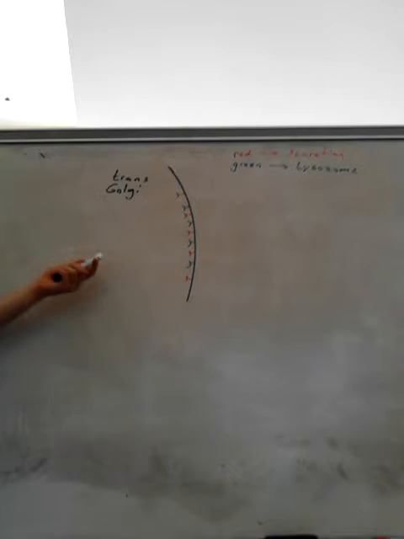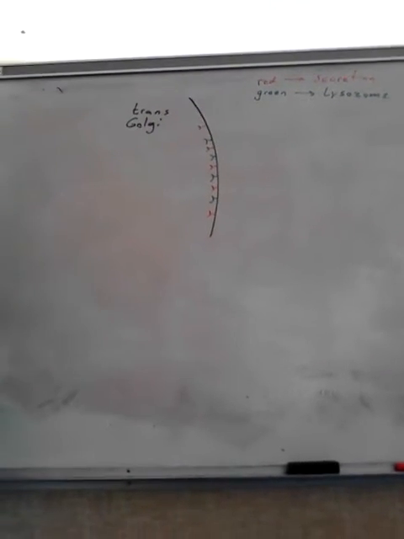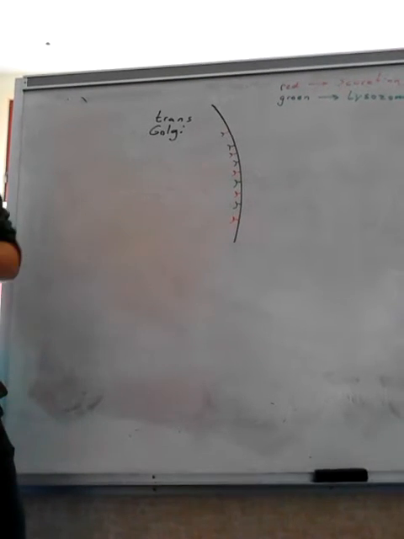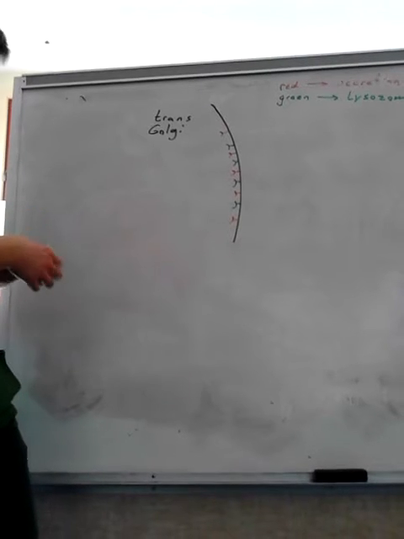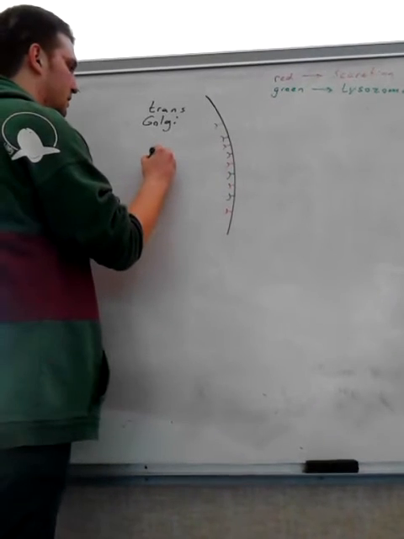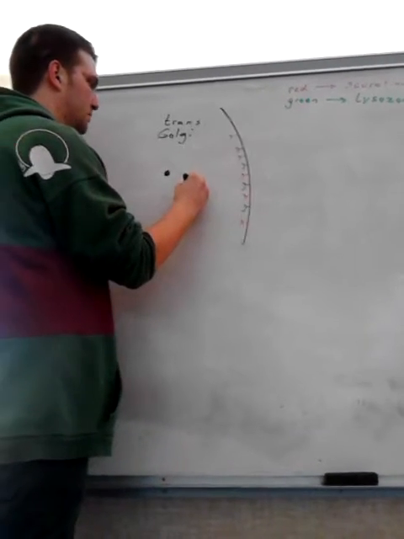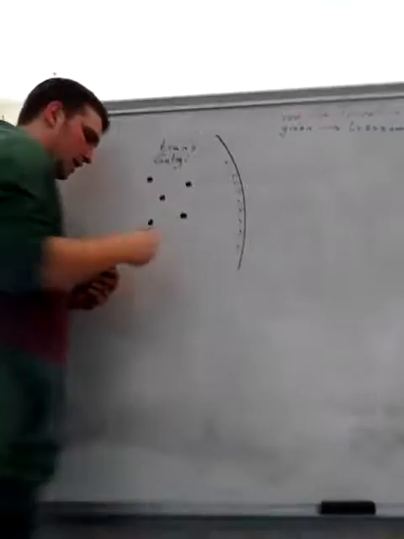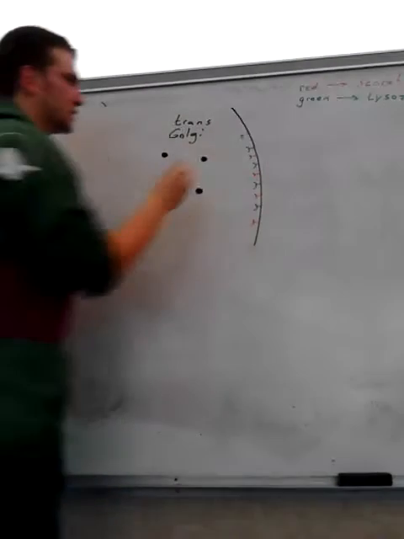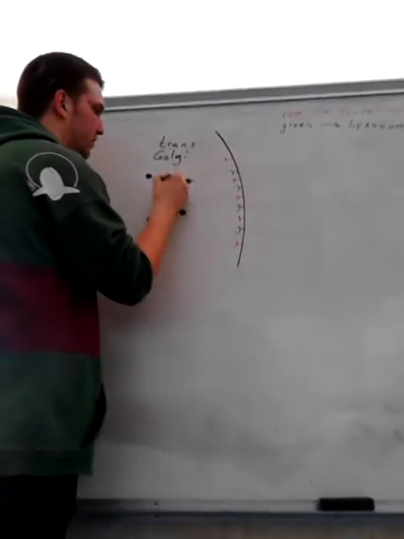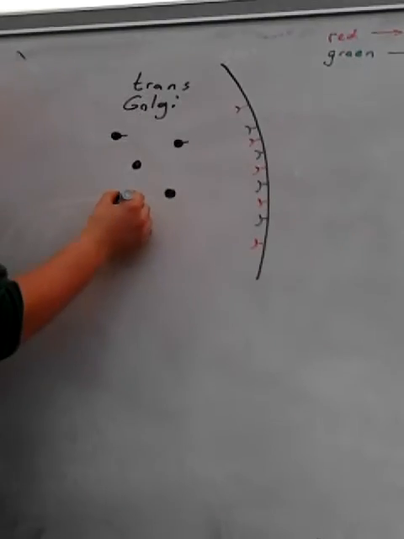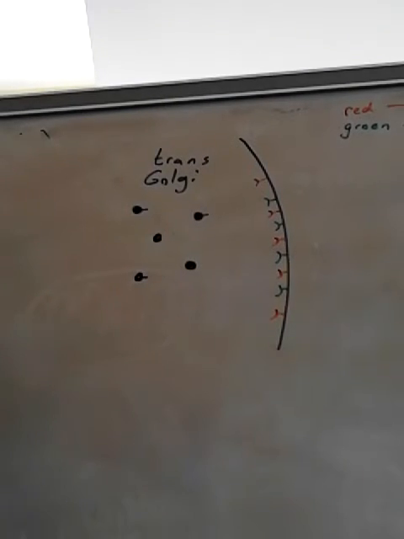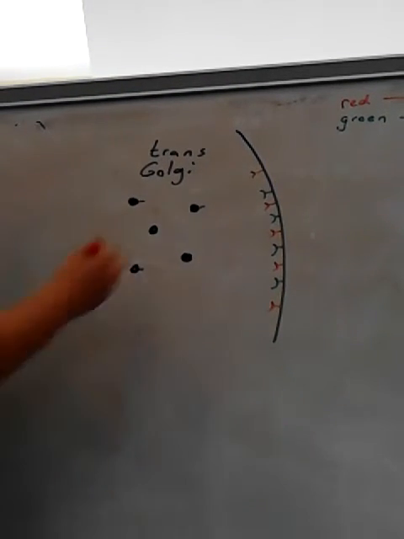So in the trans Golgi, what's happening is you're sorting all these proteins. You have a bunch of these proteins. Some of these proteins will have a little signal, little green signals, meaning they're meant for the lysosome, and other ones will have the secretion signal on them.